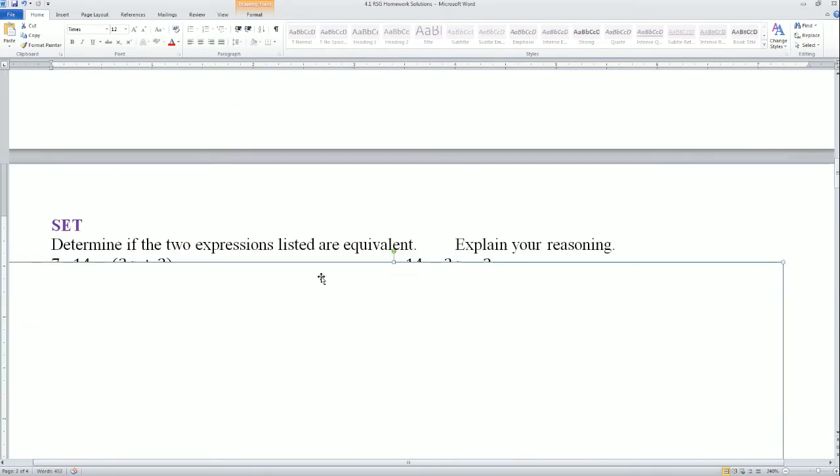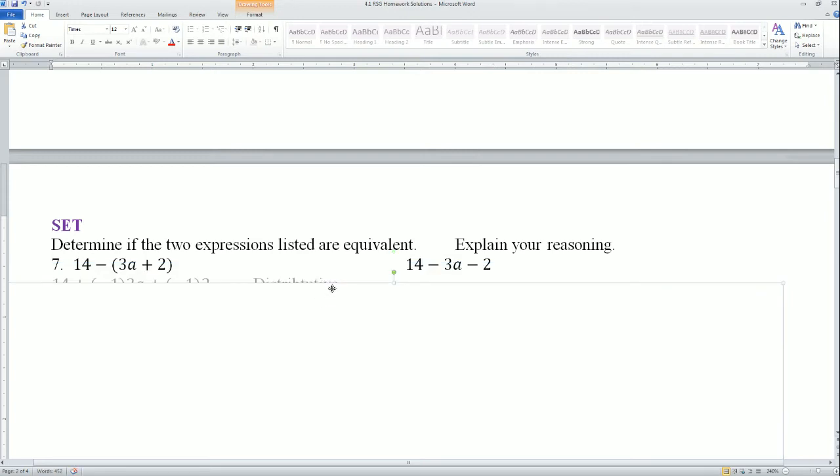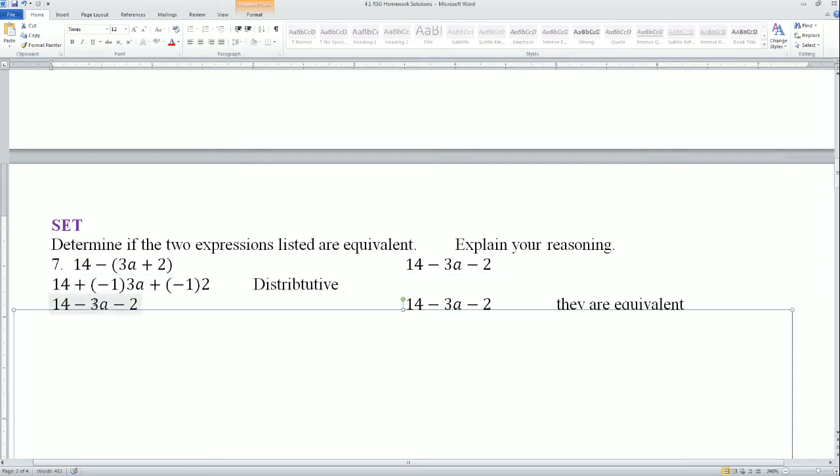Here's your set. Determine if the two expressions listed are equivalent. Explain your reason. Here is the first one. Here's the second one, with parentheses. To compare, you just want to make sure they're both in simplified form. So, here we go. Distribute that negative 1.